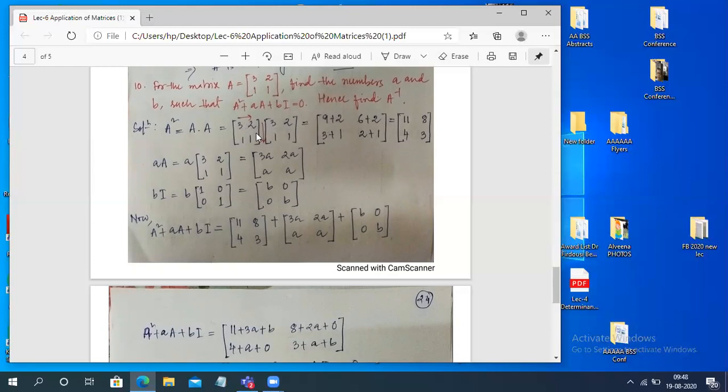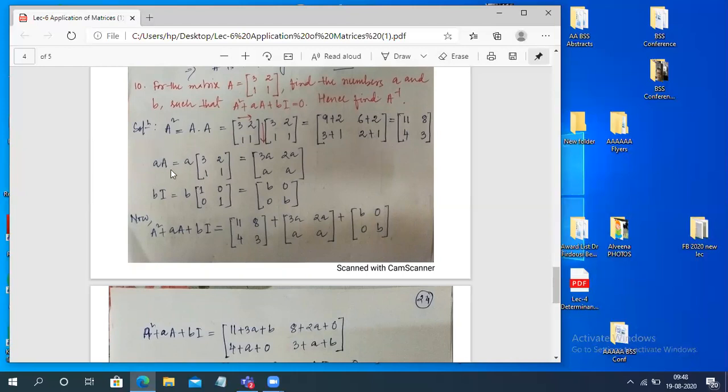Now come to the second row, with each column. Second row with first column: 1 into 3 plus 1 into 1, that is 3 plus 1. Second row with the second column: 1 into 2 plus 1 into 1, which forms the second element of the second row. So we get [[11, 8], [4, 3]]. This is the value of A square.